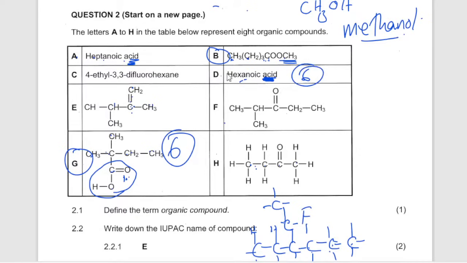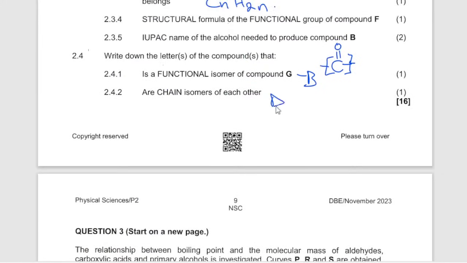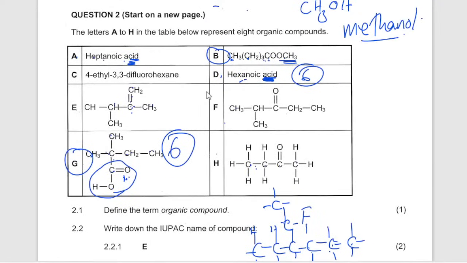So definitely D and G. D and G are chain isomers. Remember that it's supposed to be the same functional group. It's just a different arrangement of atoms on the parent chain.